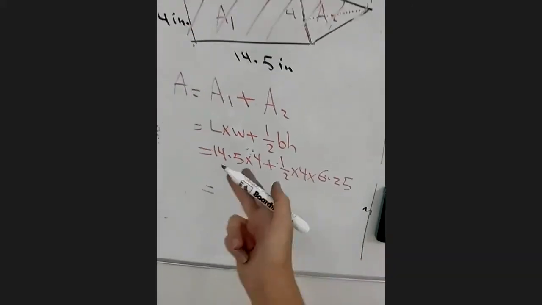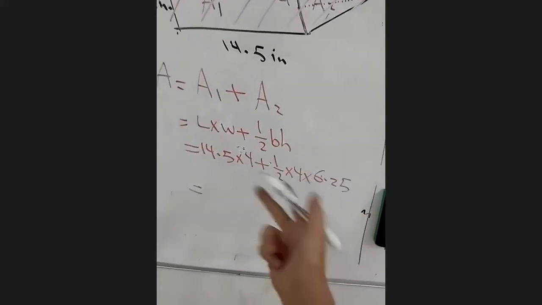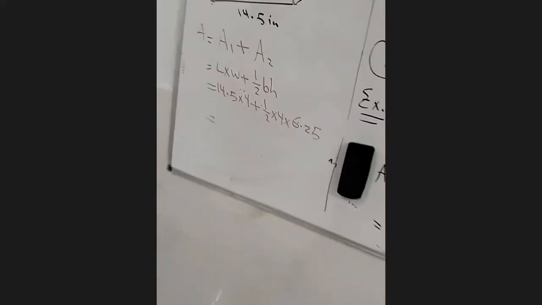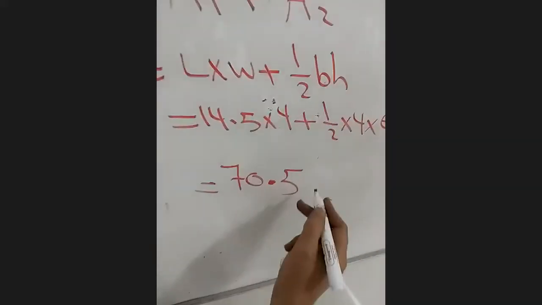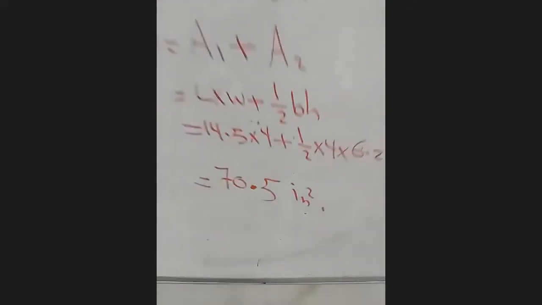Normal numbers, multiply, add, whatever. The answer: 58 plus 12.5, 70.5. 70.5 what? The same unit, inch to the power 2.